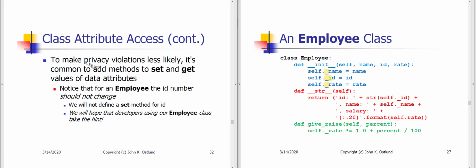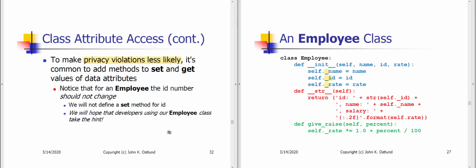Okay. So what can we do as a class developer to try to make it less likely that someone using our class is going to violate our expectations about privacy of data attributes, or for that matter, of what are called helper functions? You can sometimes have what are called helper functions or helper methods within a class that the class methods themselves call for support, but that we don't expect outside users to make use of.